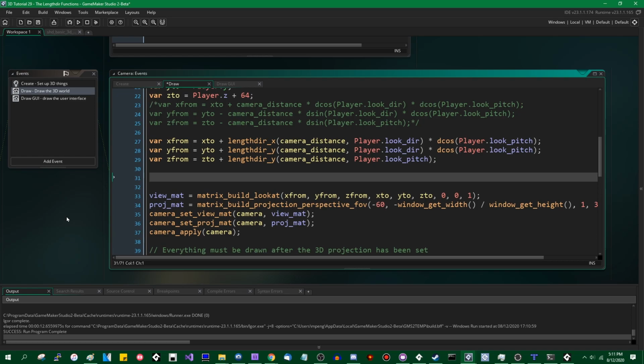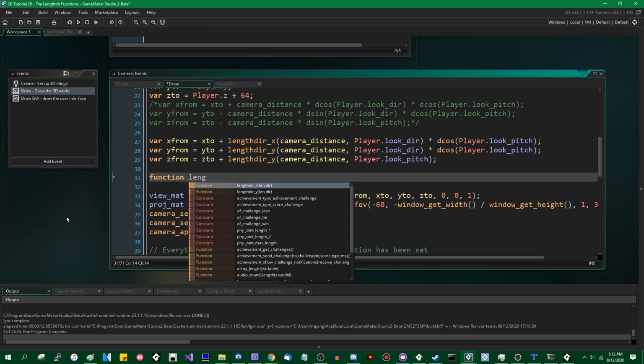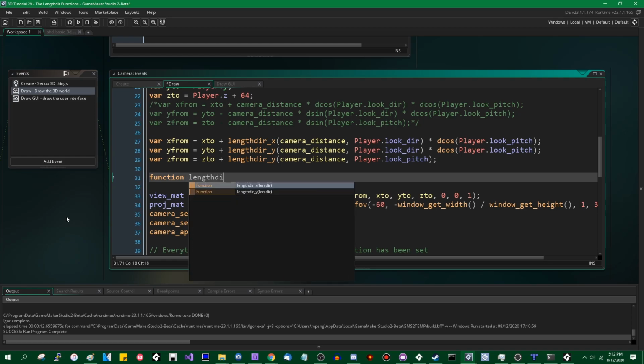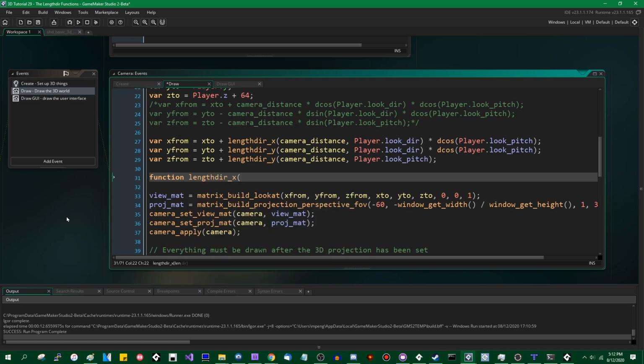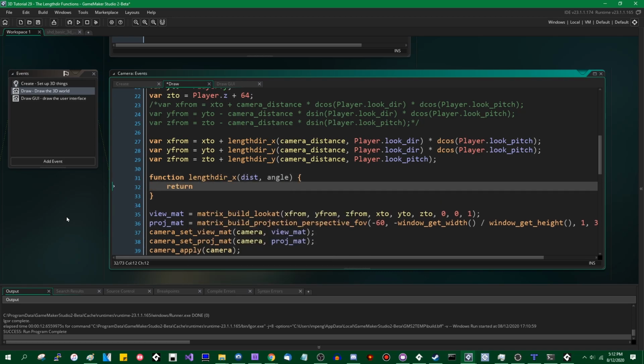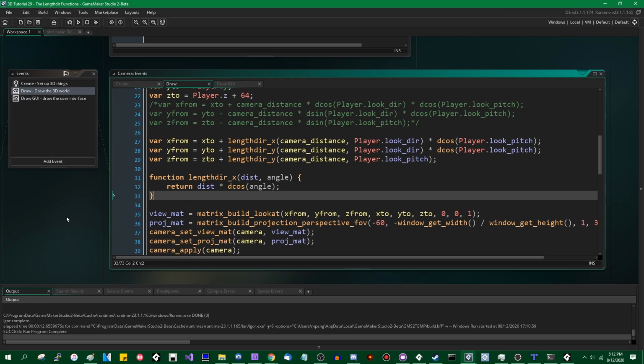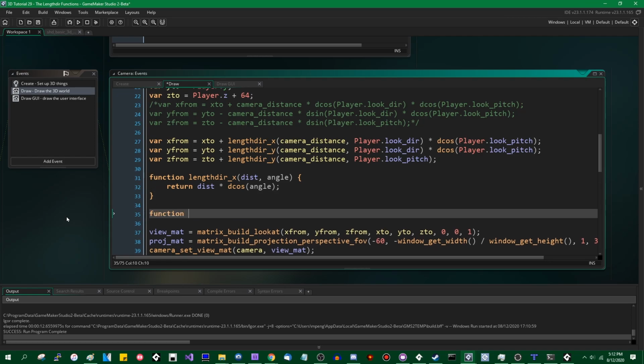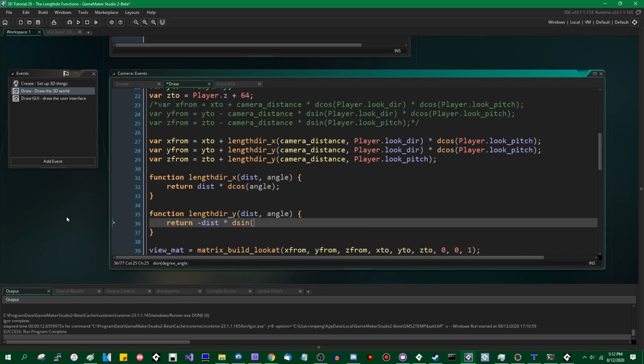If you were to define them in a language like JavaScript or GML 2.3, they would look something like this. lengthdir_x would simply look like this, and lengthdir_y would look like that.